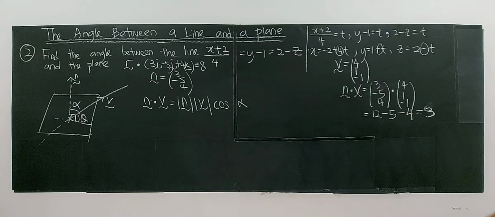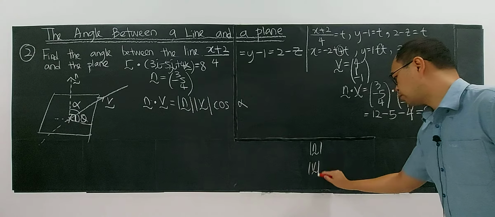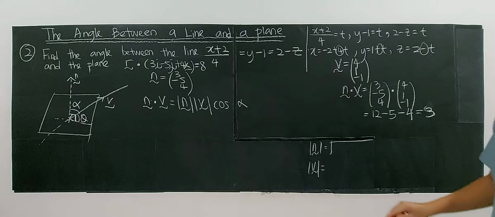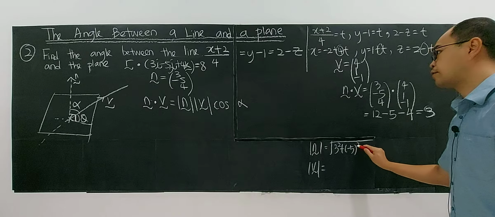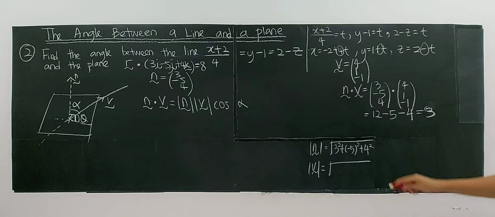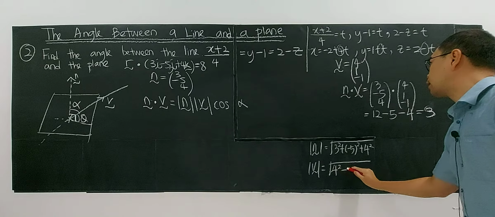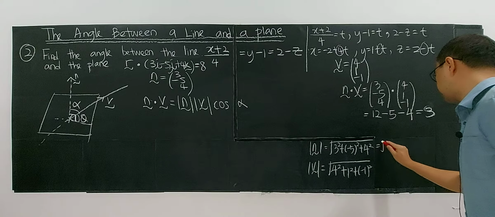Later on we find the magnitude of n and the magnitude of v. The magnitude of n will be the square root of 3 squared plus -5 squared plus 4 squared, and the magnitude of v, the length, will be the square root of 4 squared plus 1 squared plus -1 squared.